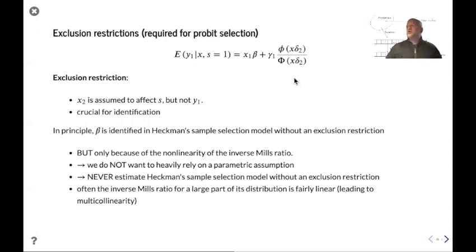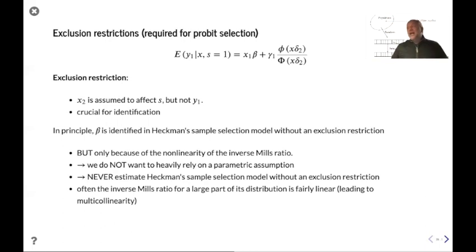Very correlated. In fact, the inverse Mills ratio for large parts of the distribution is actually fairly linear. And if you think of this being a linear function, well, then you essentially have x appearing twice in the same equation, and you can't really distinguish what is selection and what is the effect of x on the dependent variable.